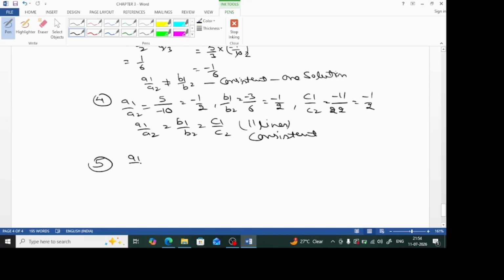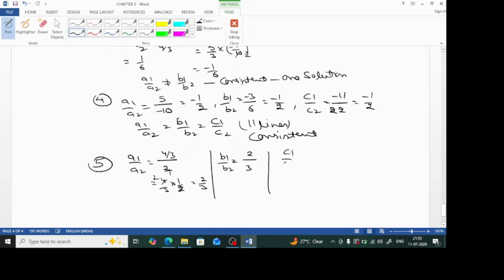Now let us solve question number 5. Here a1 upon a2 is equal to, a1 is 4 by 3 and a2 is 2. So we will solve it. 4 by 3 into 1 by 2, it will become 2 by 3. Now b1 upon b2 is equal to, what is the value of b1? b1 is 2 and b2 is 3.